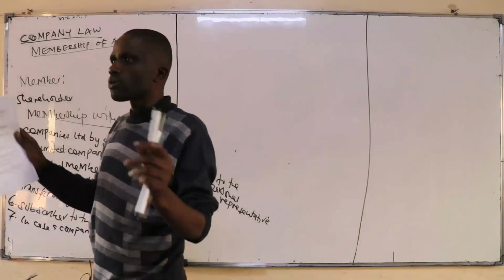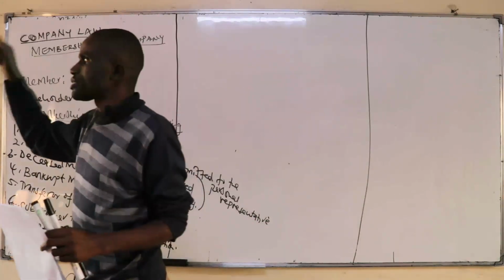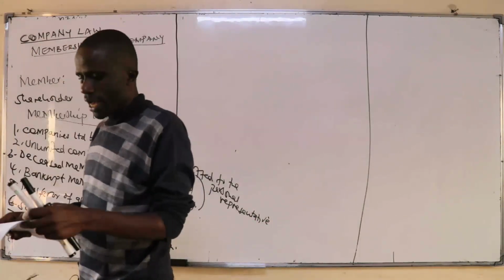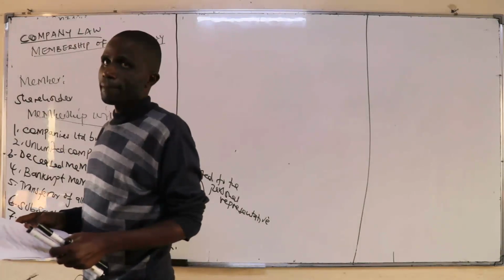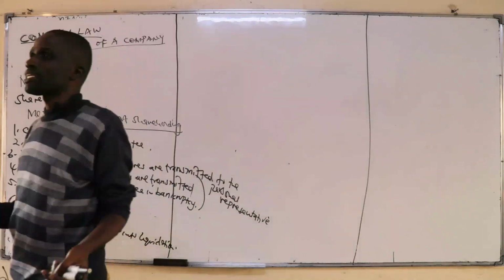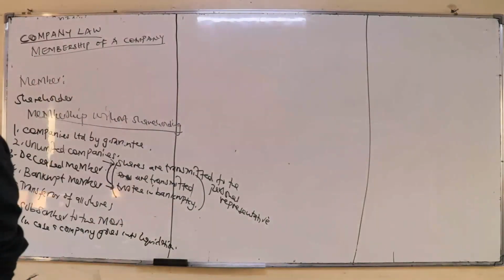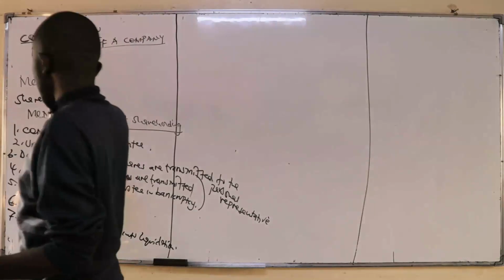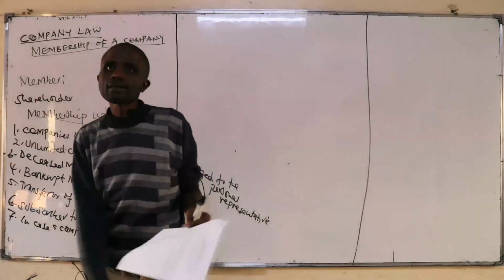What you have, you are members, but you are no longer shareholders. Are you together? So tomorrow, hata ni kesho tu, next class, if I ask membership without shareholding, you should remember all the 7 points.